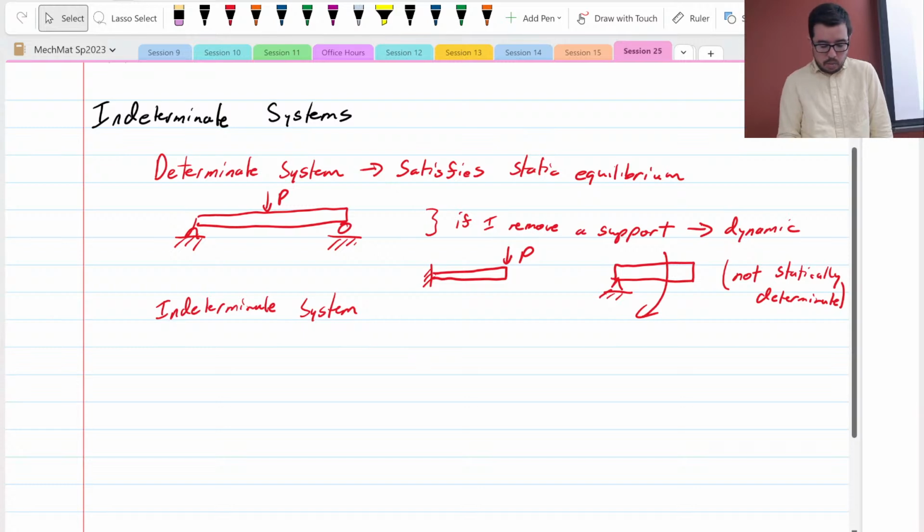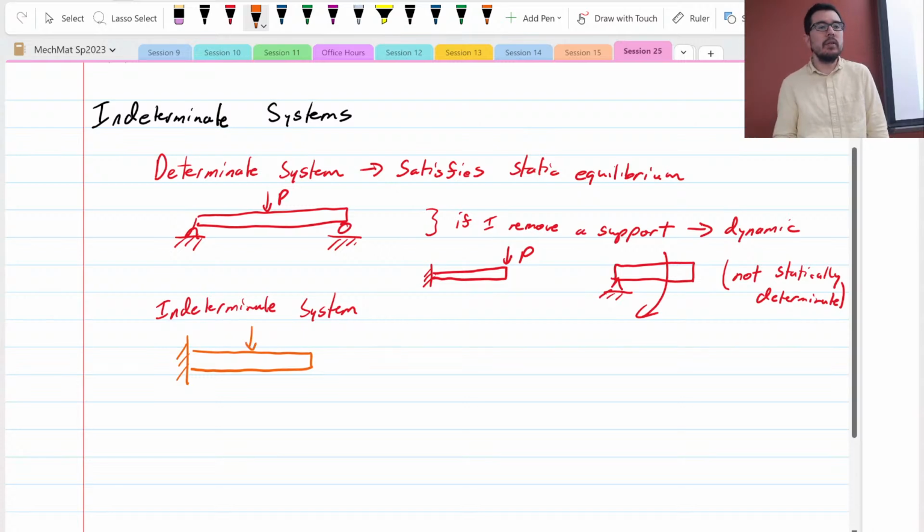And so if we have this system, we know it's determinate. If I add this, that extra roller is not necessary for determinacy, and it actually throws a wrench in my gears, because now I've got more unknowns than I have equations of equilibrium.